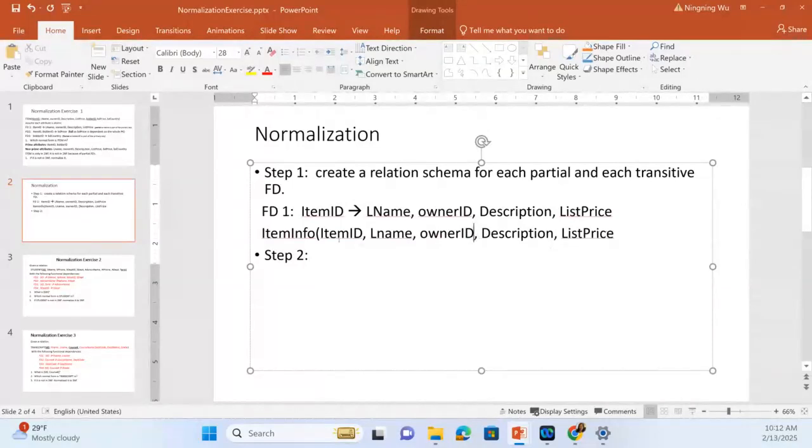Okay, then once we list all attributes in FD1, the determinant of this functional dependency will be the primary key of this new relation. So pretty much we create a relation schema based on the first partial functional dependency.